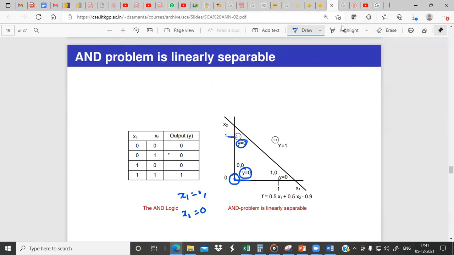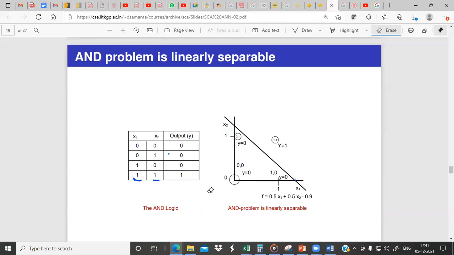The third point is x1 1, x2 0. For this point also the output is 0. The last point is x1 1, x2 1. For this point the output is 1. For the last point alone the output is 1.